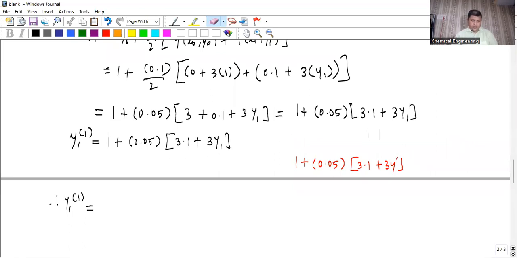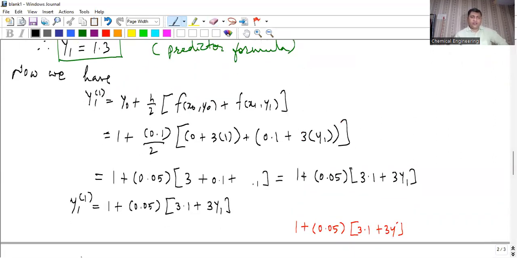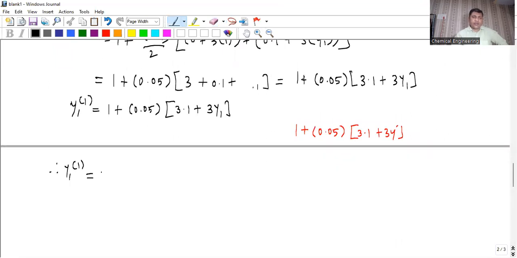And calculate. So you'll be having 1.3. So you have to use 1.3. When you go for calculate, that means CALC, and then you have to put the value of y1. Y1 is going to be 1.3. So when you put this 1.3, you will get 1.35.